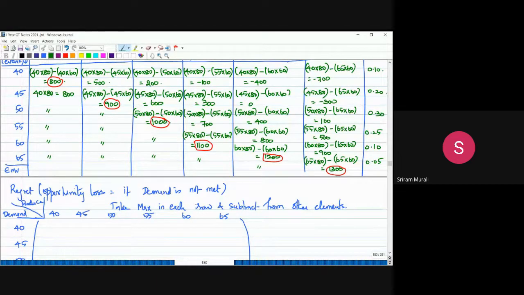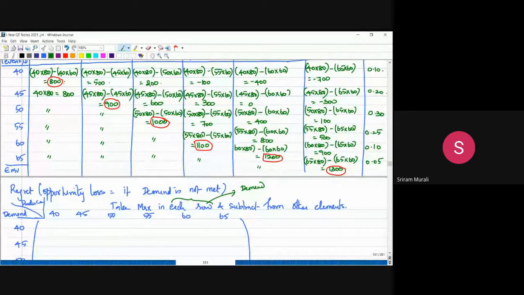So take maximum element in each row, because demand in the rows. So what is the maximum? 800.